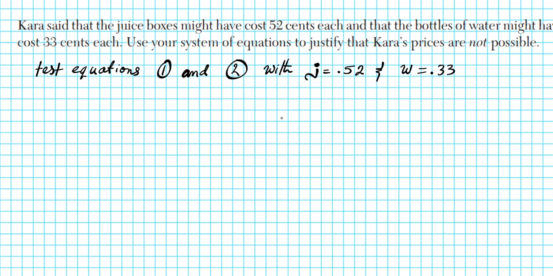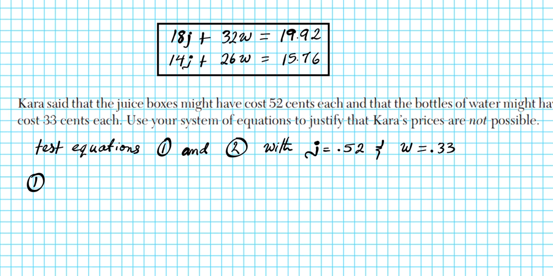If we have a true statement in both equations, then her answer is correct. If it fails any of the equations, then Kara's solution is not possible. So let's start with the first equation. Let's call this equation 1 and call this equation number 2.